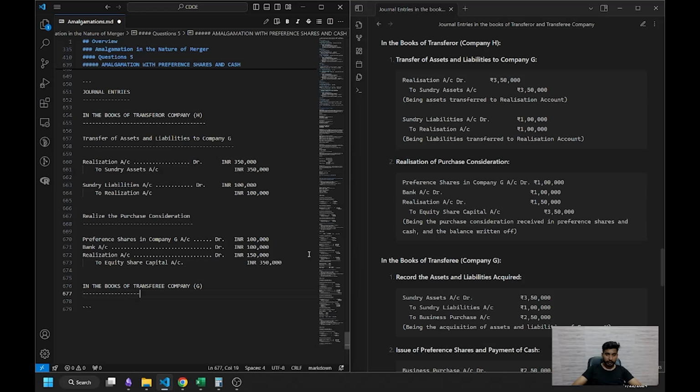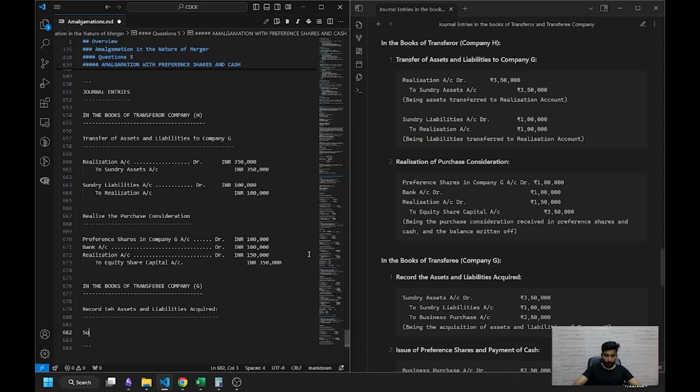That is company G. Here, we will record the assets and liabilities acquired, which will be as follows.